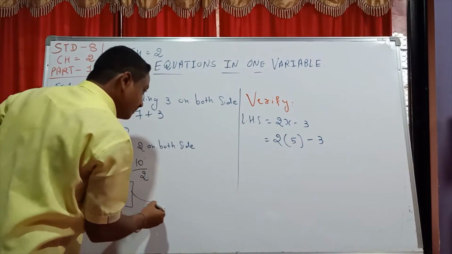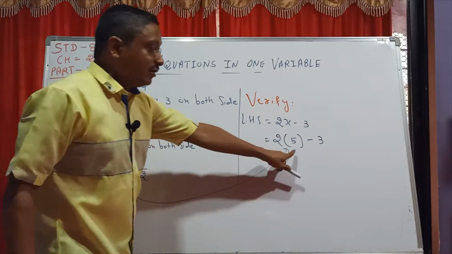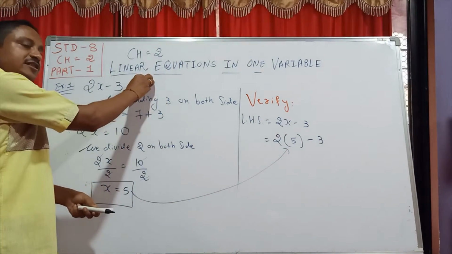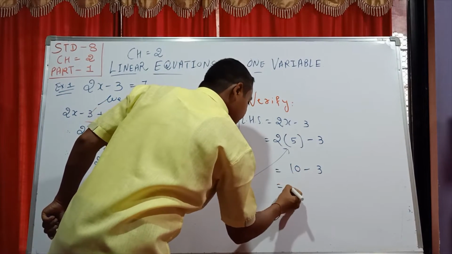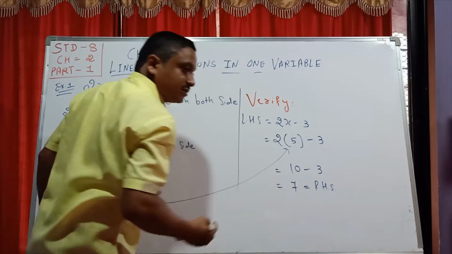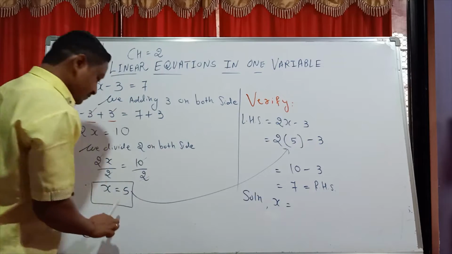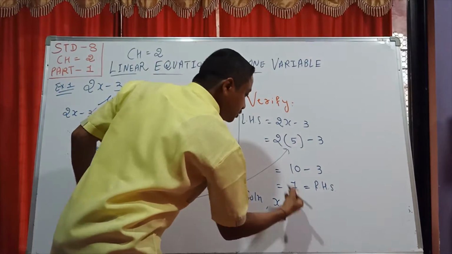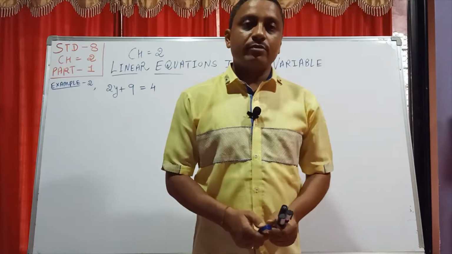Check, this 5 I apply here in place of x. And further calculate and check your answer is definitely 3. Yes, 5 twos are 10 minus 3 is equal to 7, and that's my RHS. It means my solution x is equal to 5 is true. Yes students, here your final answer is done.